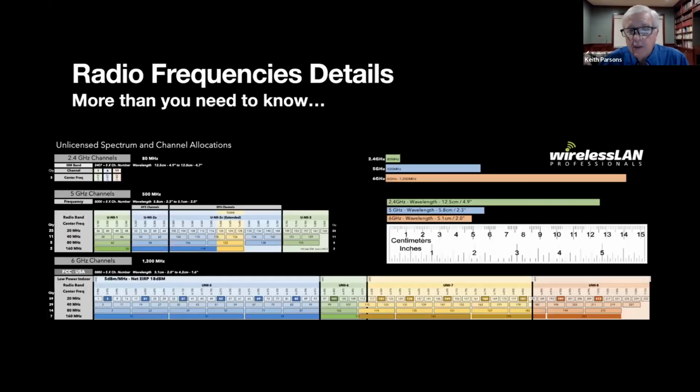If we look a little closer at those characteristics, on the upper right side of this, you can see the 2.4, and then it got way more with the 5 gig, and then even more with the orange 1200 megahertz worth of 6 gig. I also added on the same slide a little ruler, and you can see the physical size of the wavelengths of 2.4 and 5 and 6 gig.